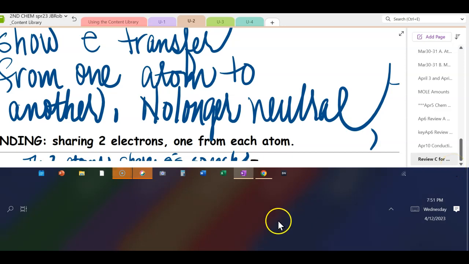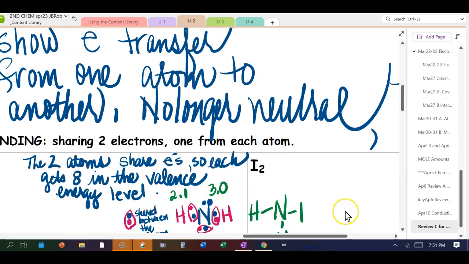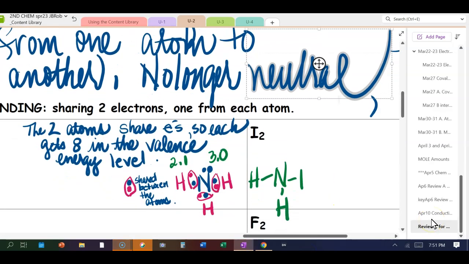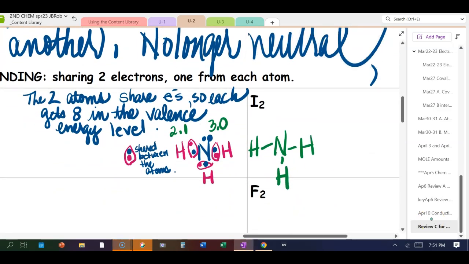There's a way to fix it. That's the way it would look. Nitrogen's the more electronegative, so everything's pointing towards it.